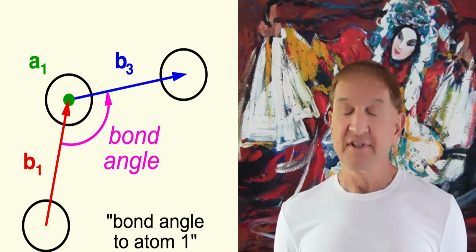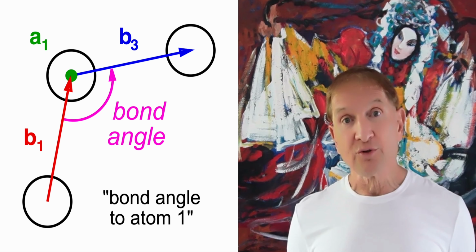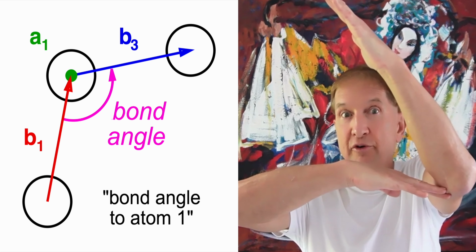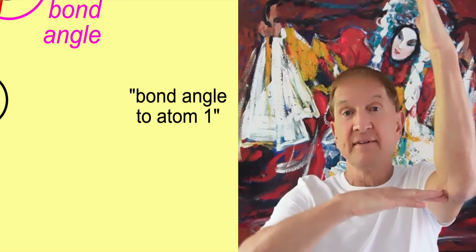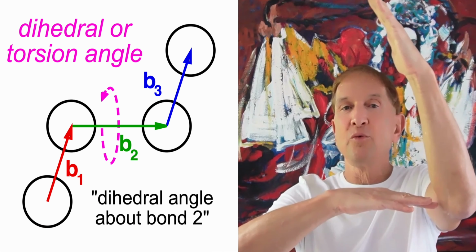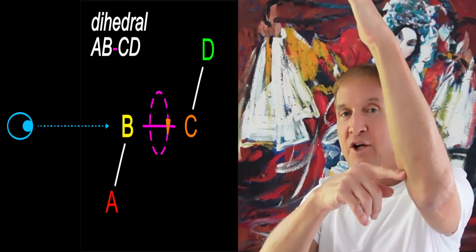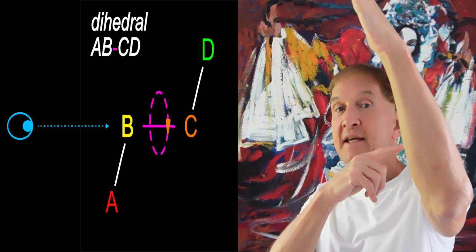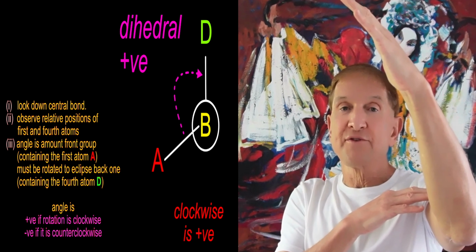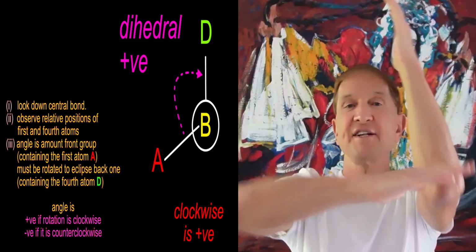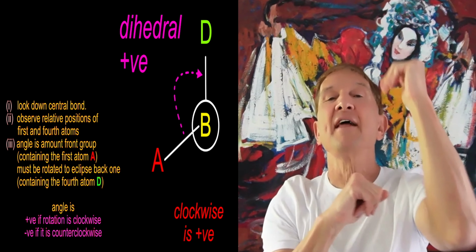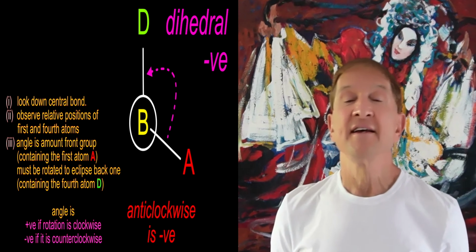You must know the difference between a bond angle, which is formed by three atoms, the angle between the peripheral two and the central one, and a dihedral angle, which I explained before, is the angle formed by one plane, say atoms A and B, relative to a second plane, say C and D. Dihedral angles that involve a clockwise rotation to make the front side chain eclipse with the back one are positive, and if that rotation is anti-clockwise, they are negative.